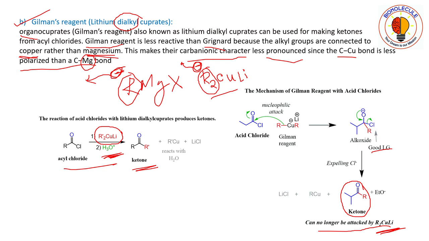Okay. Now you can see here why lithium is used. See here, this R minus bears a negative charge, this R minus bears a negative charge, and this copper has a positive charge. So to balance this one, lithium ion comes and helps copper balance the charge.